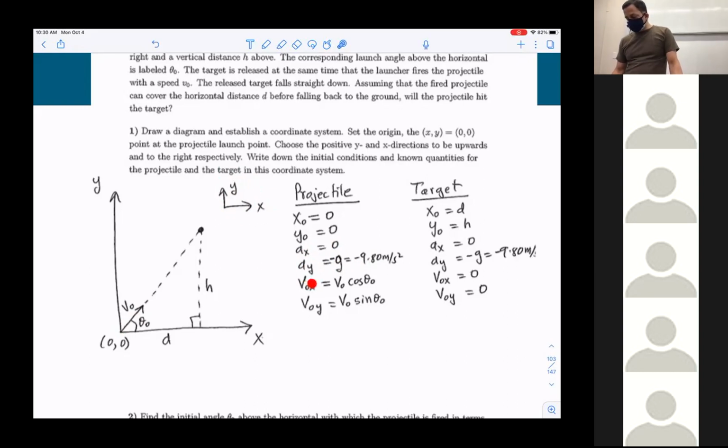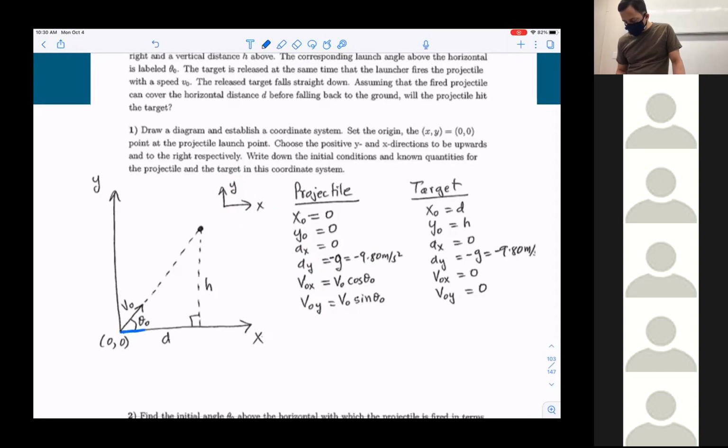What is its v naught x and v naught y? Those are just these components here, and as usual, v naught x is v naught cosine theta naught, and v naught y is v naught sine theta naught. So this is the initial information that we have collected for the projectile.